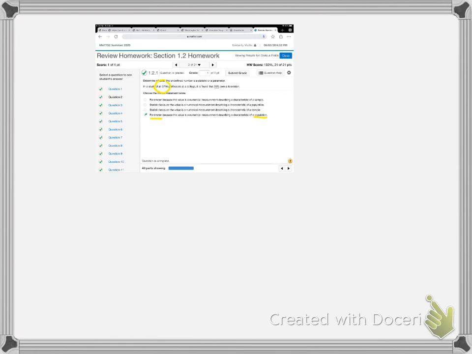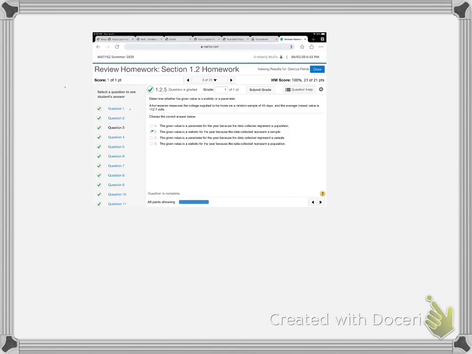That's the first one. The second problem deals with a homeowner and the voltage. I think this is what you were talking about in our conversation, maybe with the energy. At any rate, it says that the homeowner measured the voltage supplied to his home on a random sample of 45 days. Because you're only sampling 45 days, you aren't taking every day into account.